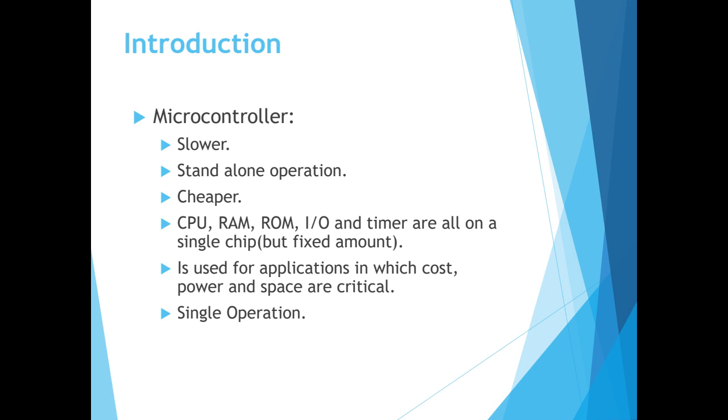You remember in the previous slide I said that when we are using microprocessor, we have authority to change the amounts because all of them are added to our microprocessor externally and aren't placed inside our microprocessor. But about the microcontroller, all of these peripherals are fixed inside the microcontroller, and then we can't change the amount of RAM, ROM, CPU, and other peripherals which are placed in one single chip as a self-contained computer.